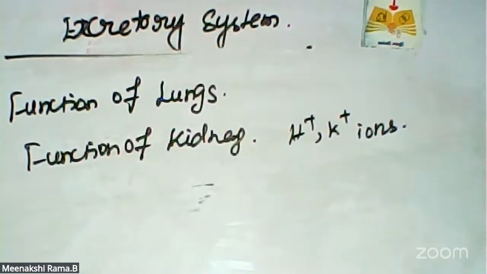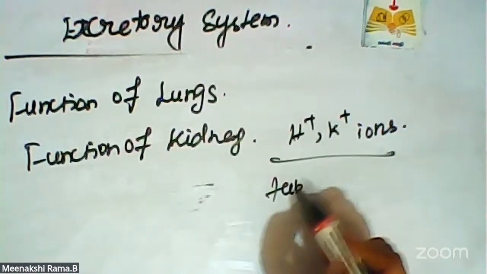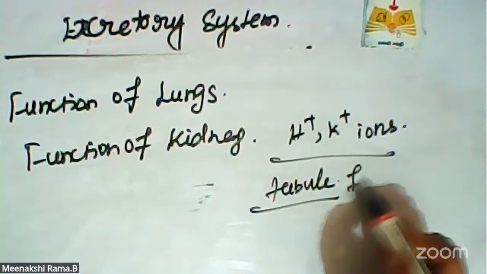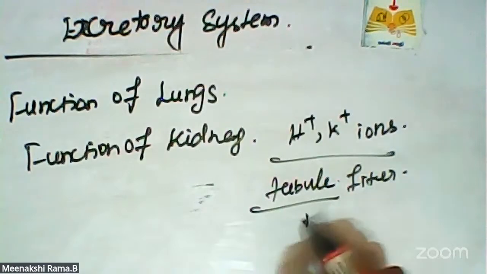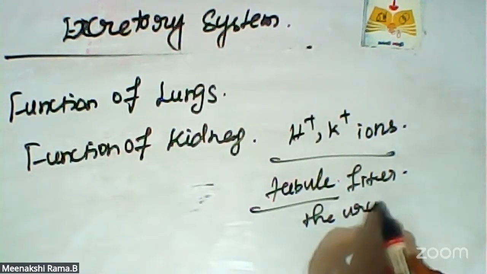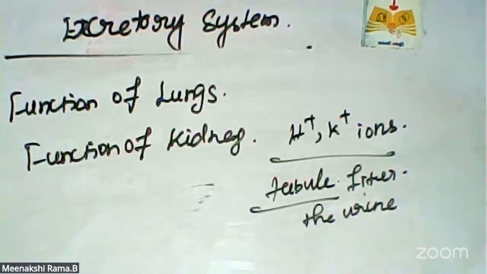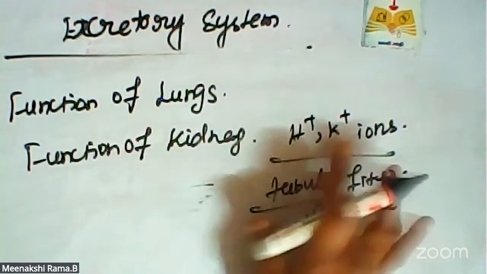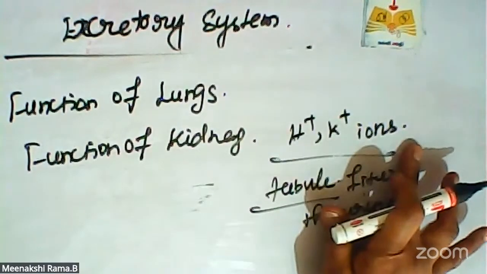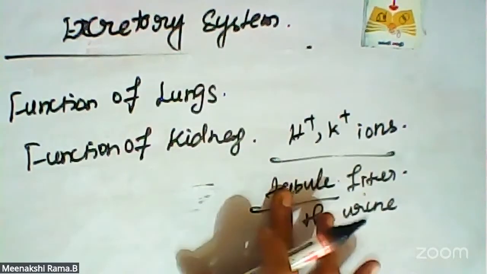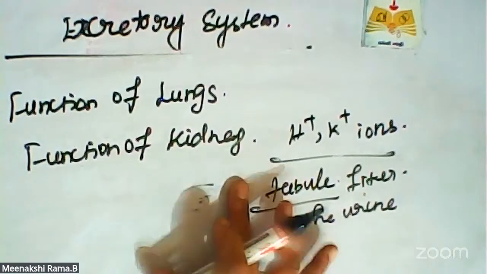So this tubule filtrate finally becomes urine. The function of the tubule is to filter the K plus and H plus. Hydrogen and potassium ions are filtered with the help of the tubule.